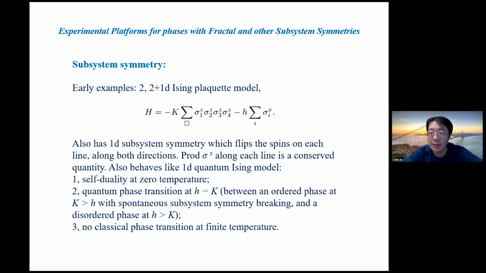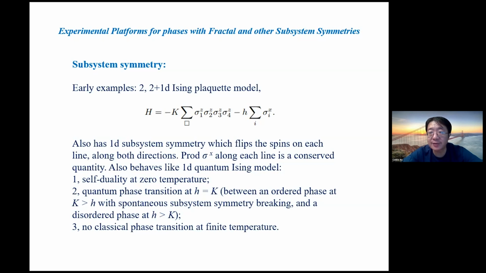This model behaves a lot like a one-dimensional quantum Ising model. For example, there's a self-duality at zero temperature. The self-duality exchanges K and H. This means that if the system has one phase transition, it will happen at H equals K. The phase with K greater than H has a spontaneous breaking of the subsystem symmetry, and when H is greater than K, the system is in a disordered phase without any spontaneous breaking of the subsystem symmetry.